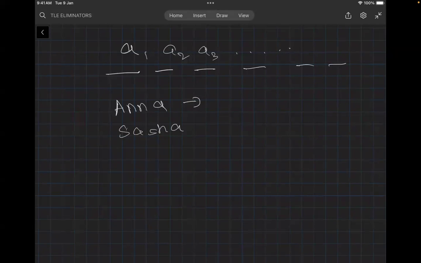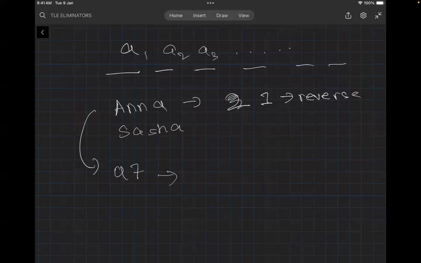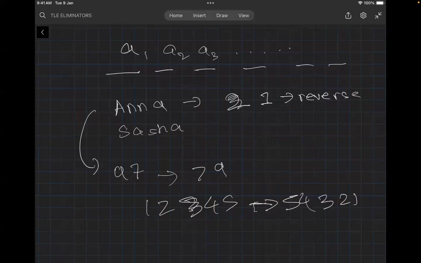So when it is Anna's turn, she takes any one element and reverses it. What does this mean? If it is 97, it becomes 79. If it is 12345, it becomes 54321. But if it is, let's say, 100, then it becomes 001, and if we remove these zeros which have no value, it becomes 1.